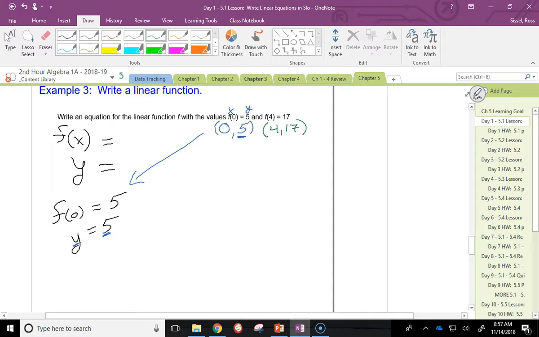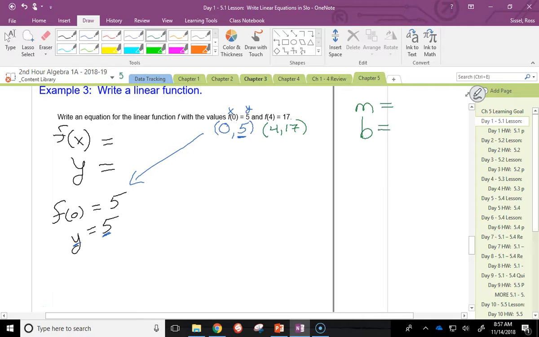Now, what we need is 2 things to do our line. We need a slope and we need a y-intercept. First, I always look for my easier one. Do I know a y-intercept? How do I know my y-intercept already? Where? Good.